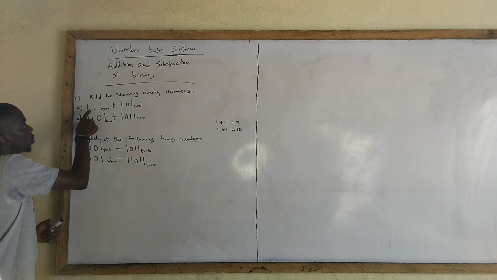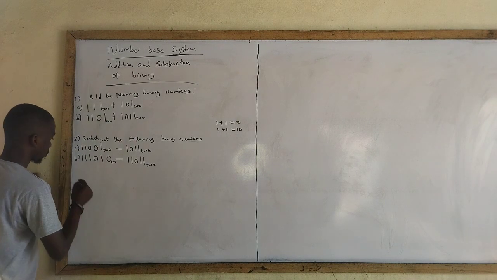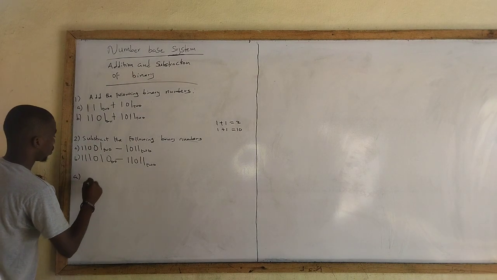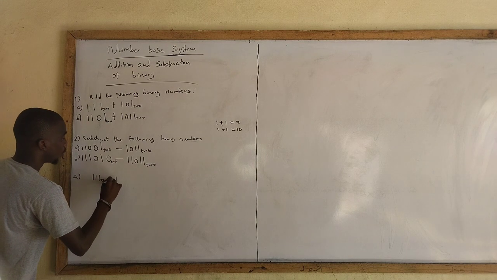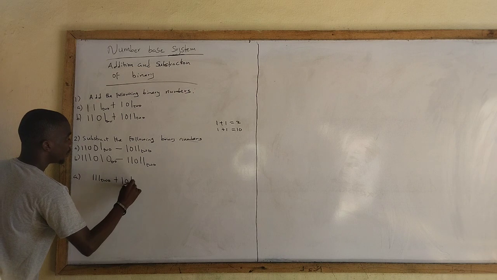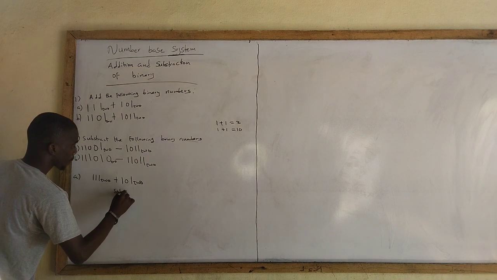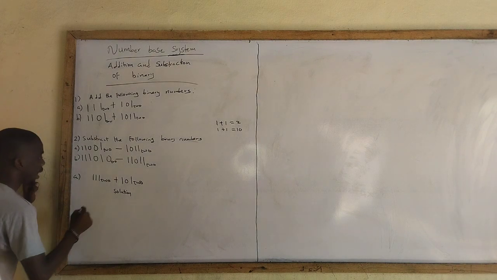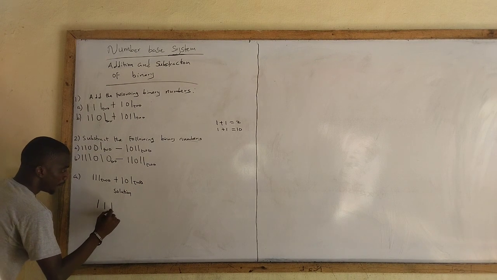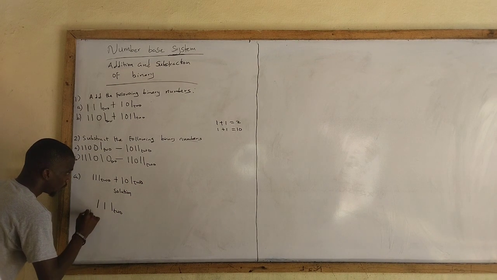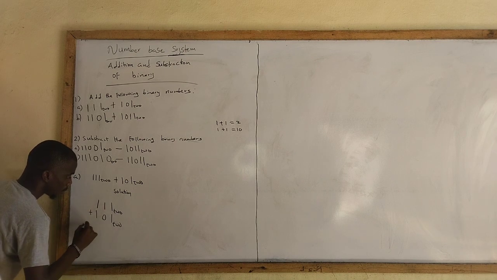A, 1 1 1 base 2 plus 1 0 1 base 2. So we have 1 1 1 base 2 plus 1 0 1 base 2.